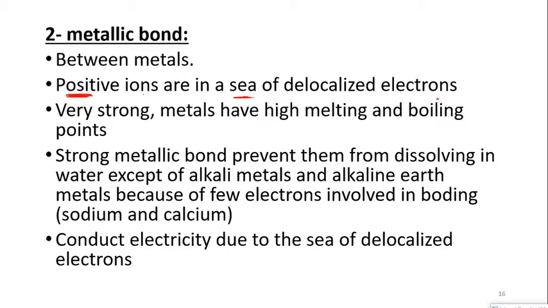So with one electron, the sodium metallic bond is very weak. This is what makes sodium metal react with water. If I look at calcium, I have only 2 electrons. These 2 electrons also make the calcium metallic bond weak, enabling it to react with water. Also, metallic bonds conduct electricity.